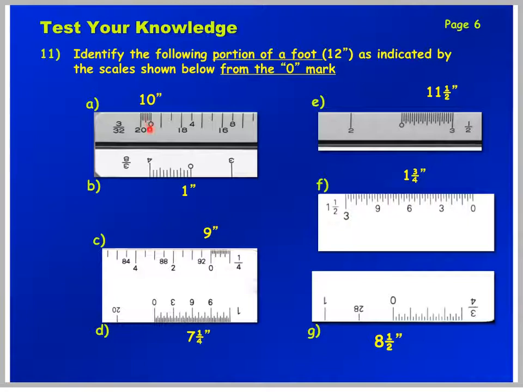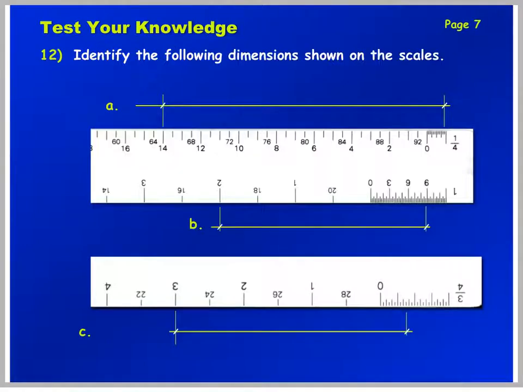Note, the 0 marks are here. Page 7, number 12. Identify the following dimensions shown on the scale by these lines.